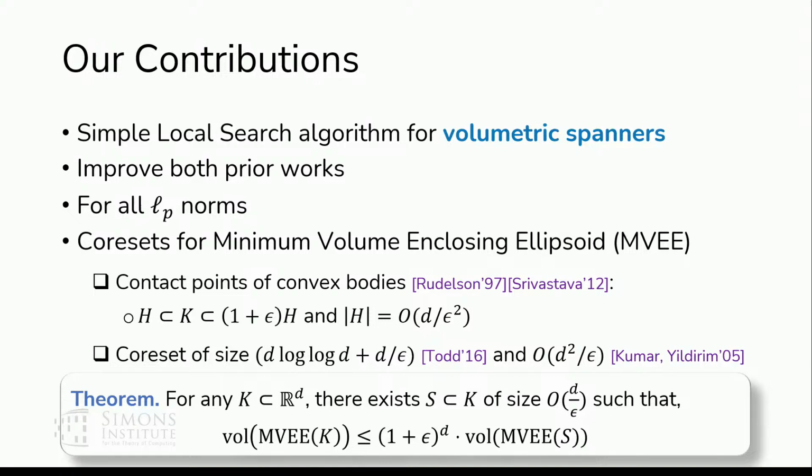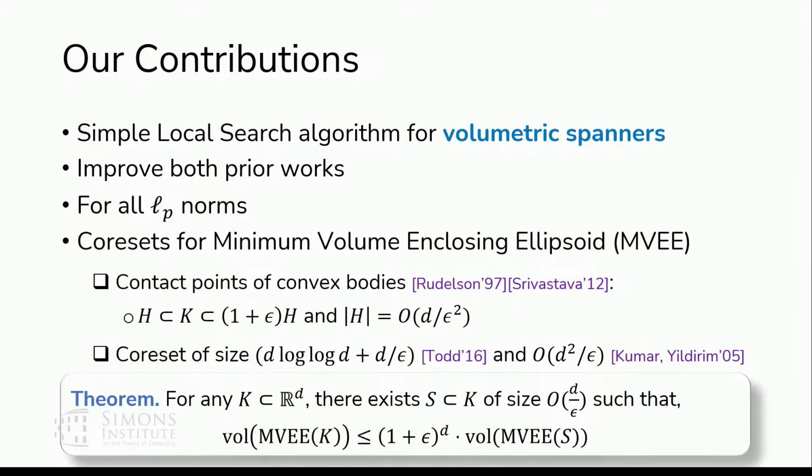For instance, there is a result by Rudelson, which was improved by Srivastava, that showed that for any convex body K, you can find another one such that its contact points with the John ellipsoid are few, basically of order d over epsilon squared. This also implies a coreset for MVEE in some sense. So we knew that, but it's just order d over epsilon squared.